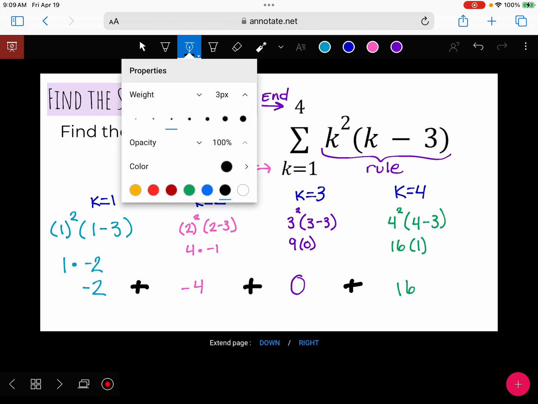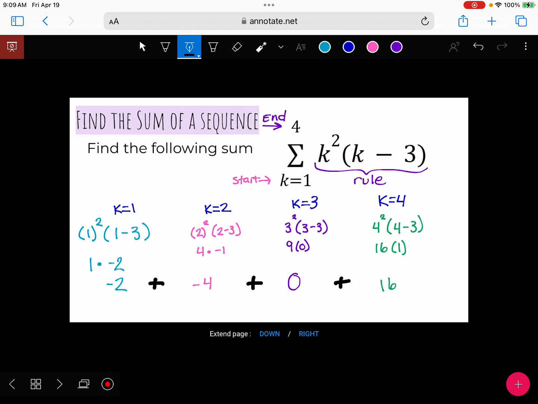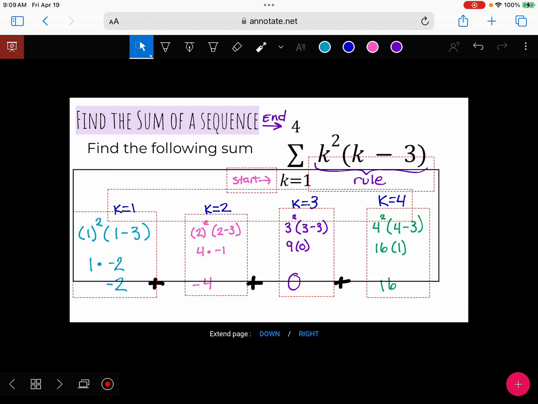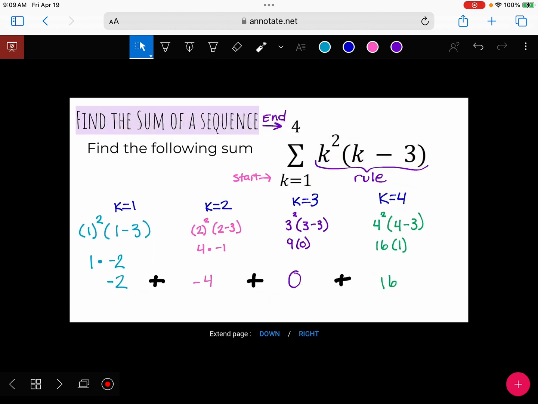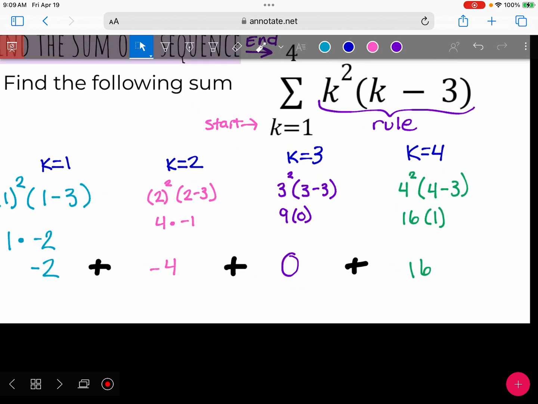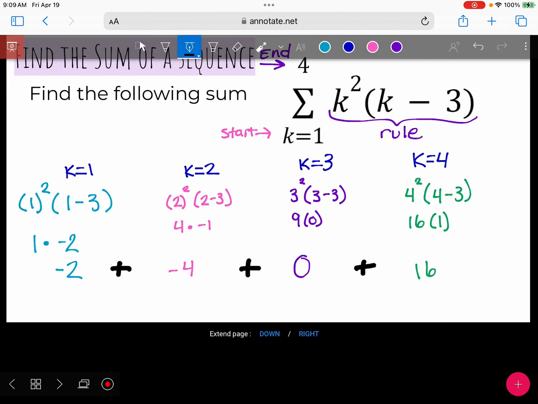When we sum them up, what do we get as the total sum? What is negative 2 plus negative 4 plus 0 plus 16? 10.